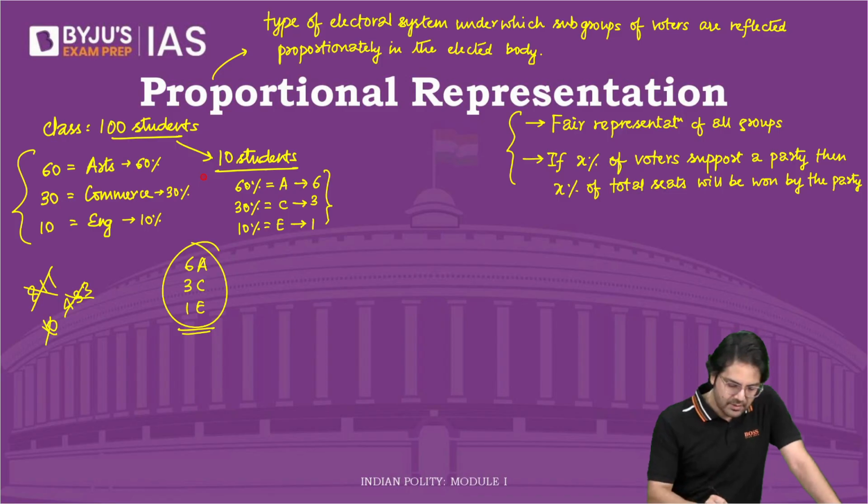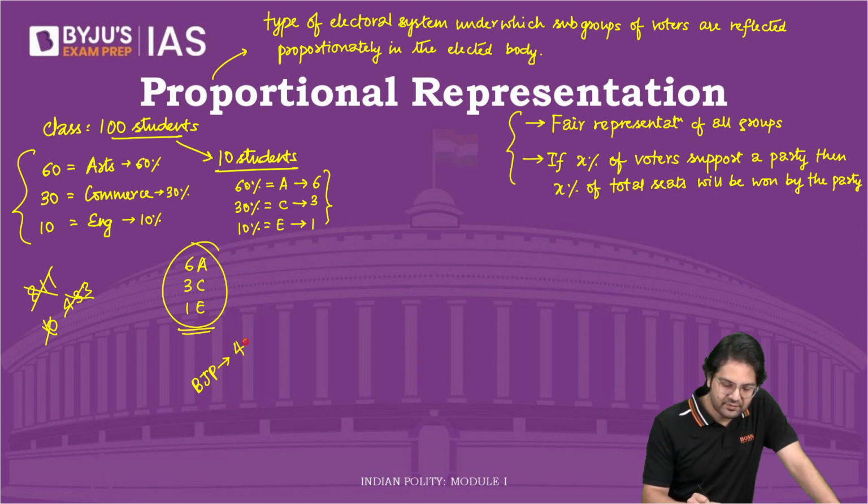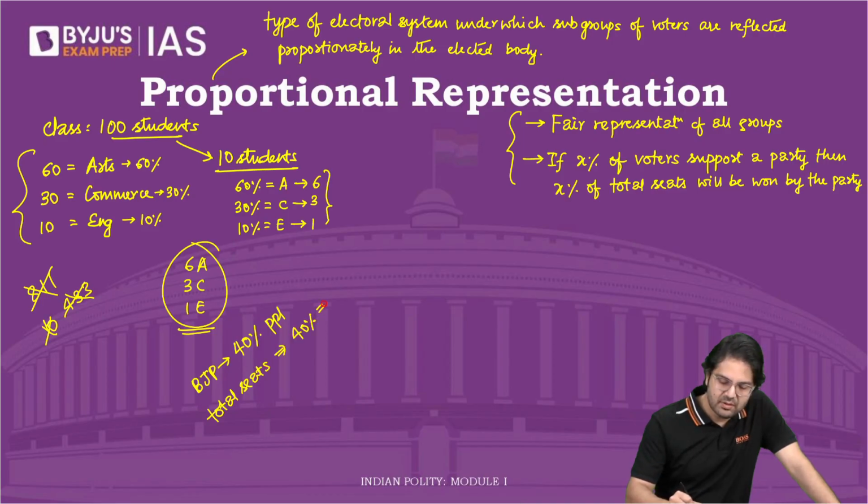Let us say in the country, BJP has 40% fans, that is, of the total population, 40% people are fans of BJP. Then out of the total number of seats, 40% will go to BJP.